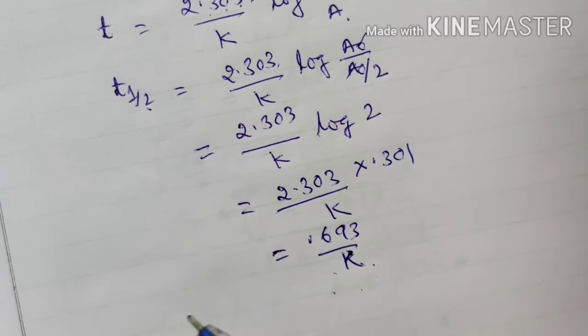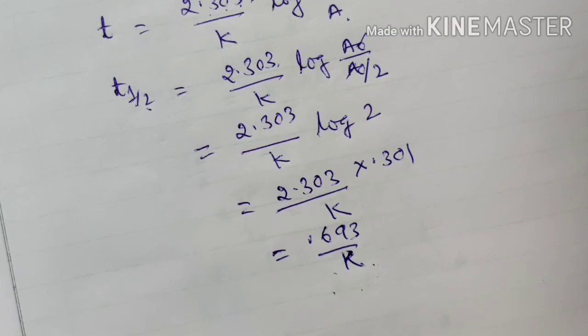the reactant. It means when you are taking 2 moles, then the t half will be half of this, that is 1. We can take 100, then it is 50. This is the time required for the conversion of 50 grams. Whatever the initial concentration is, when it becomes half, the time is represented as t half.